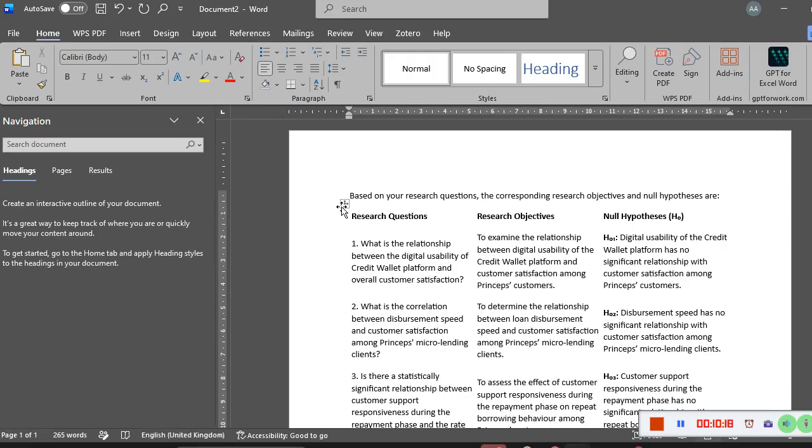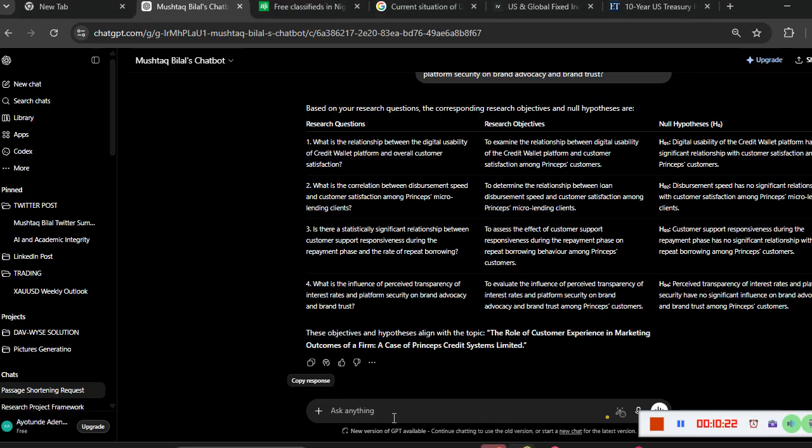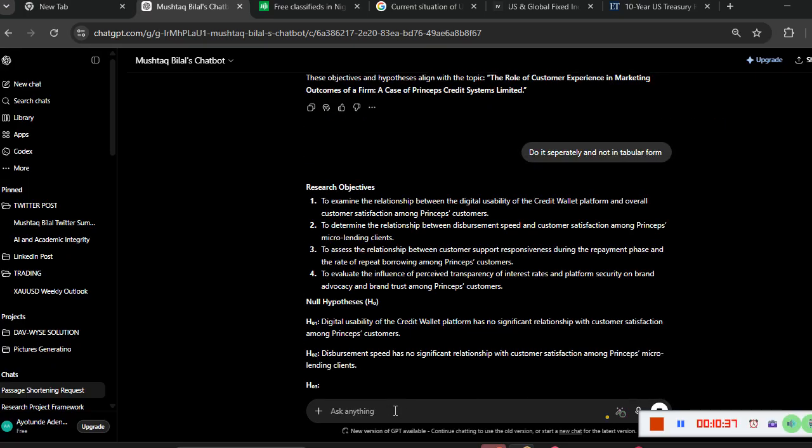I don't know why it's doing it in tabular form, so I could just tell it to do it separately, not in tabular form. Okay, so yeah, this is it.